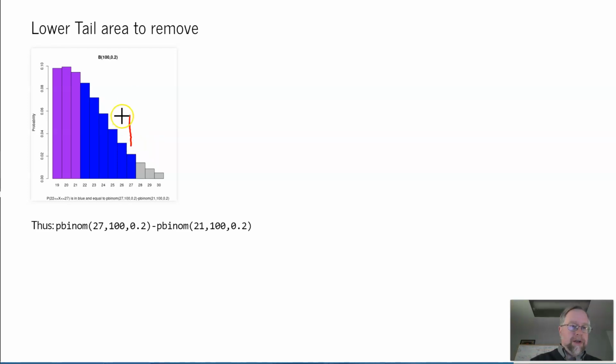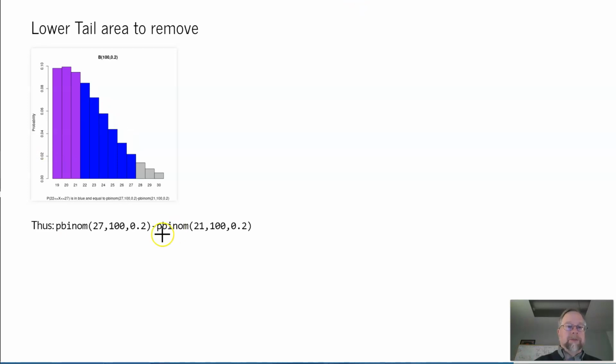27, 26, 25, 24, 23, 22. That area in blue. So p-binomial 27, 100, 0.2 gives me the area of this rectangle and this rectangle and this one and this one, and all of them all the way down to 0.